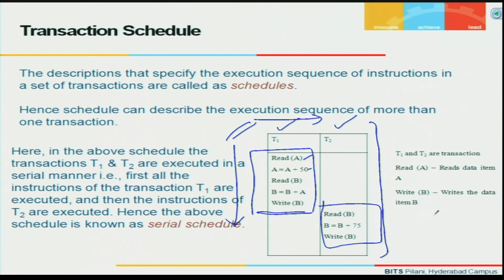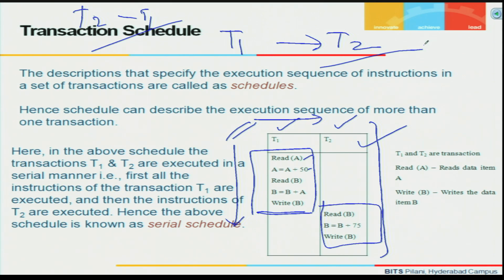A schedule may contain any number of transactions, and each transaction contains some instructions. Suppose I have only two transactions T1 and T2, and I execute T1 first in its entirety and then take up T2, or otherwise first execute T2 and then take up T1. Both these cases are considered serial schedules.